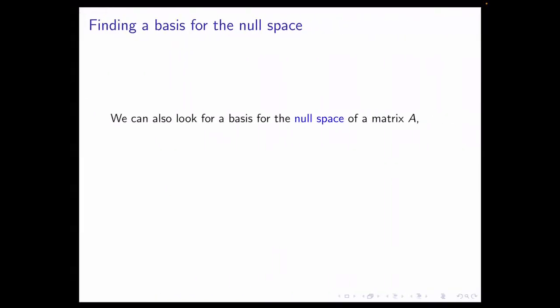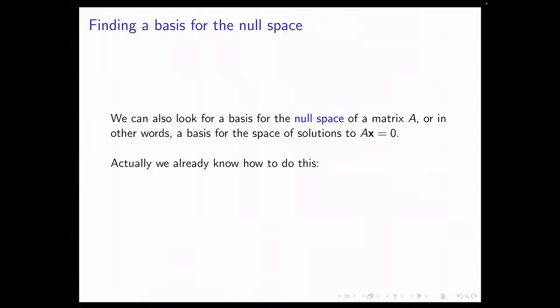Now let's find the basis for the null space. Consider the null space of matrix A. In other words, the basis for the space of solutions to the homogeneous equation Ax equals 0. We already know how to do this. We do the augmented matrix with 0 on the right-hand side, and then we just read off the answer.